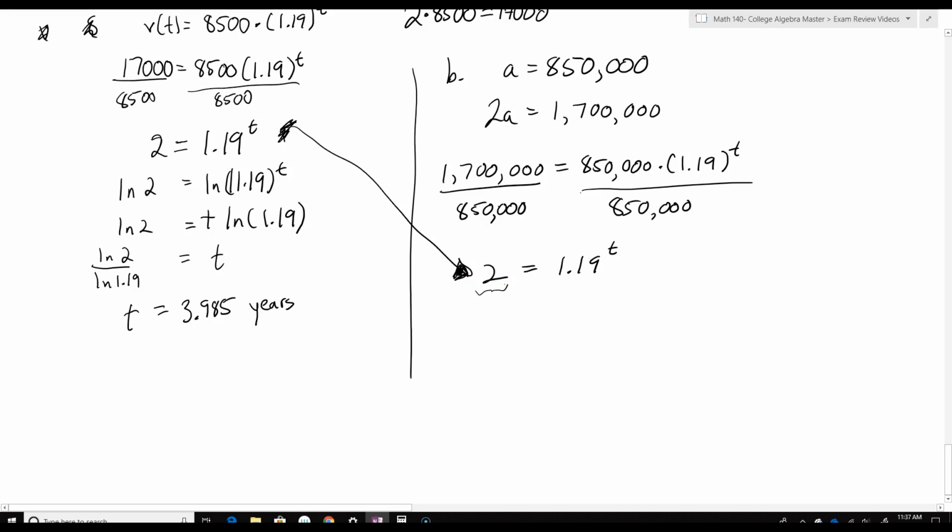And we already know that once I get to 2 equals 1.19 to the t, I do my algebra and I end up with t equals 3.985 years.